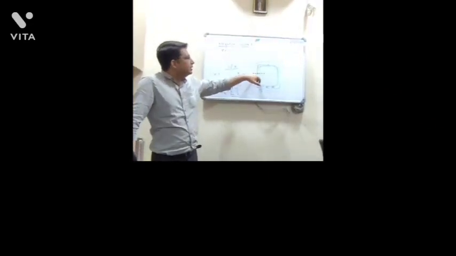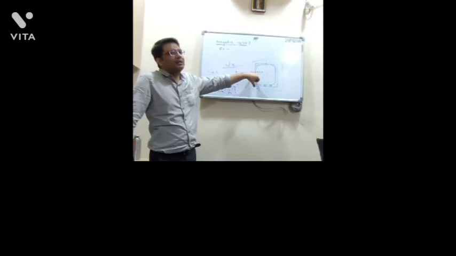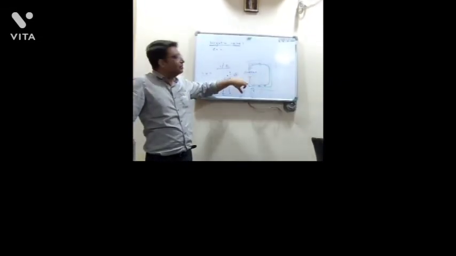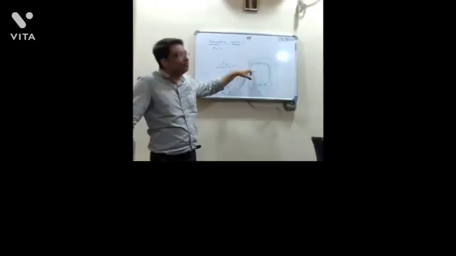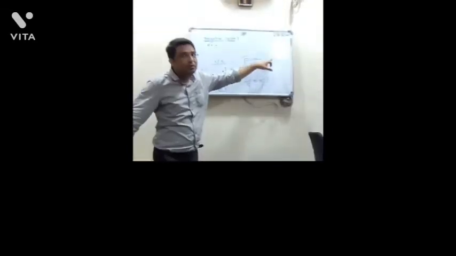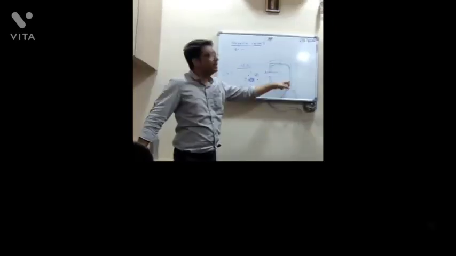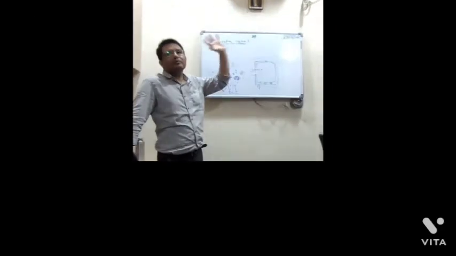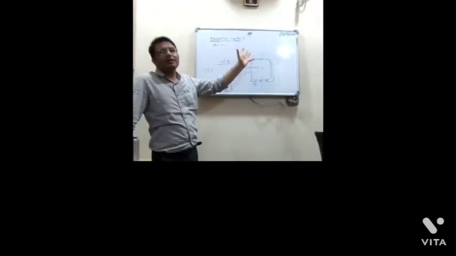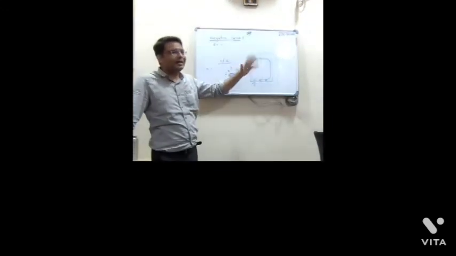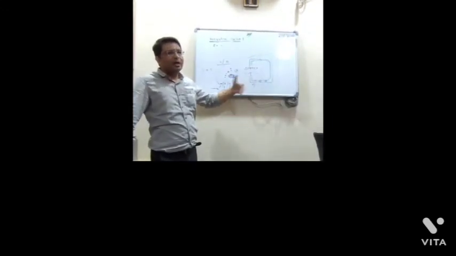Now you can imagine, this is positive. It will attract what? Negative. So electron will move from here to here, and hence current will flow from positive to negative. Do not try to cram this; try to understand.